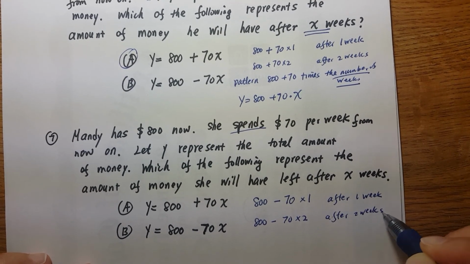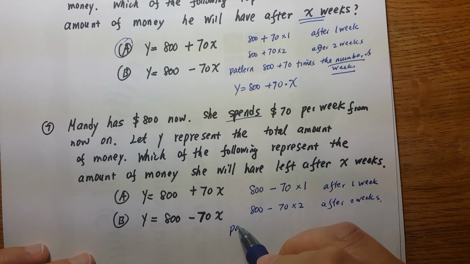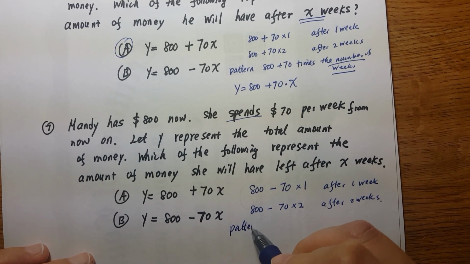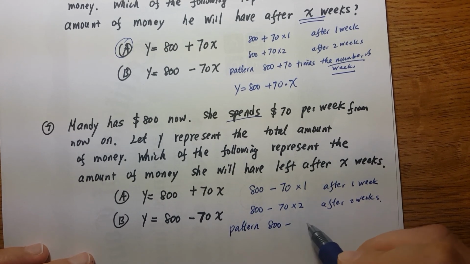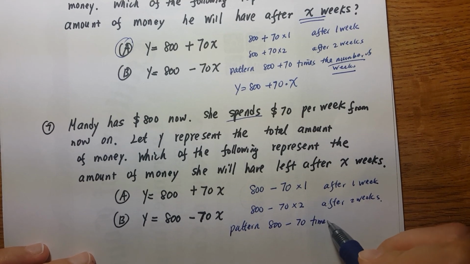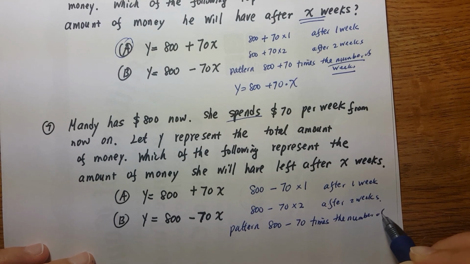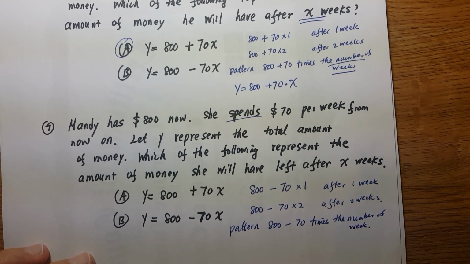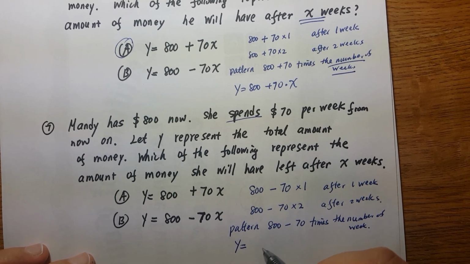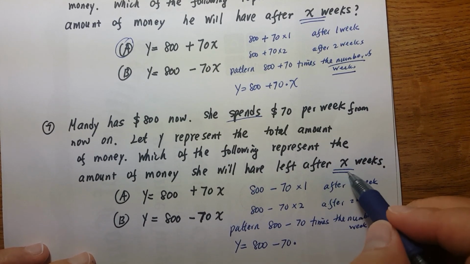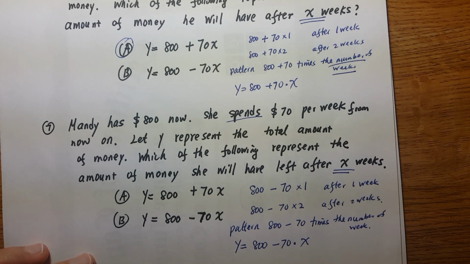So now at this moment, you can see the pattern. The pattern is 800 minus 70 times the number of weeks. So we're going to say y equal 800 minus 70 times x weeks. So we can see B is the answer.